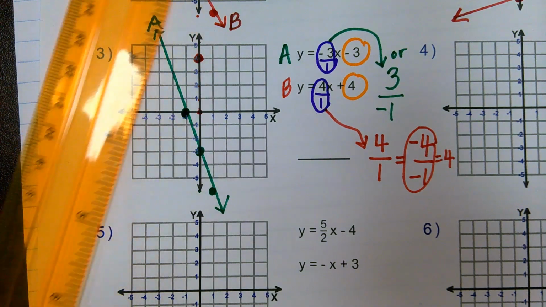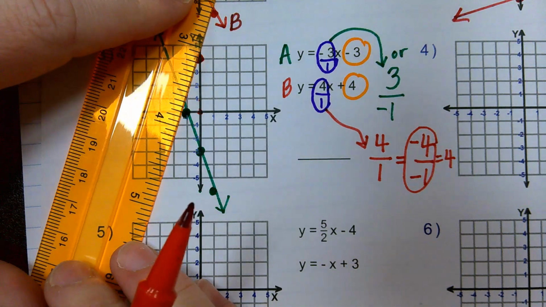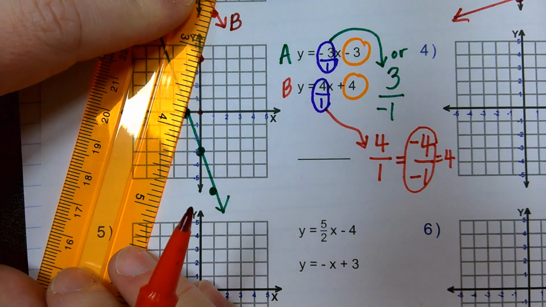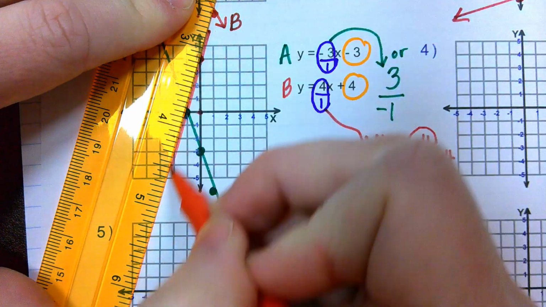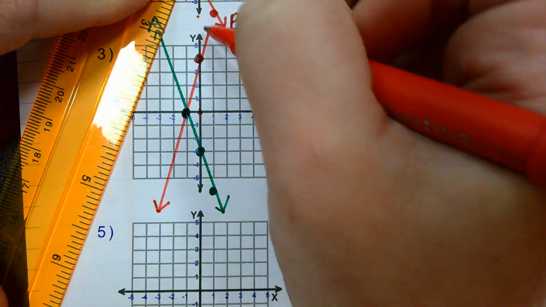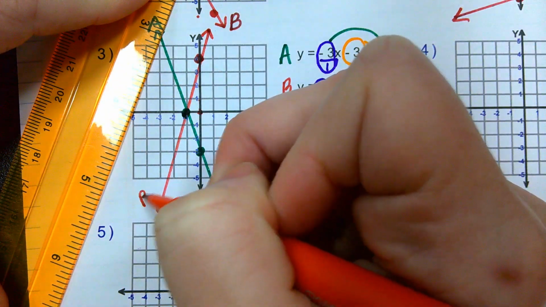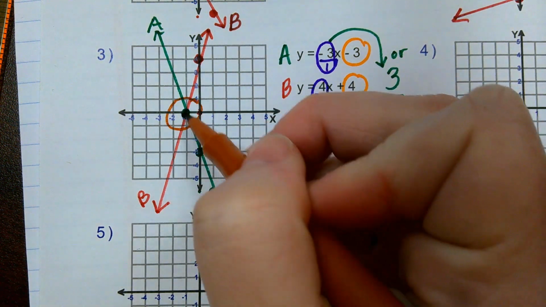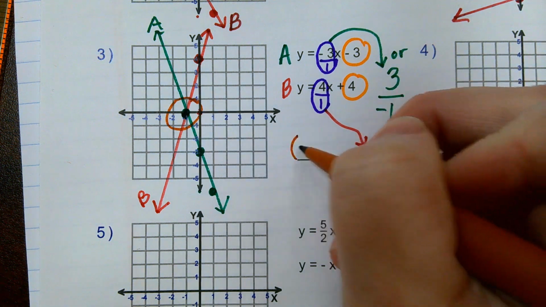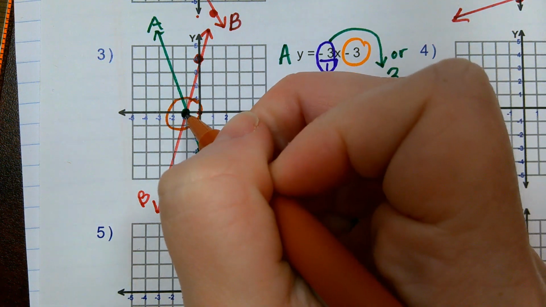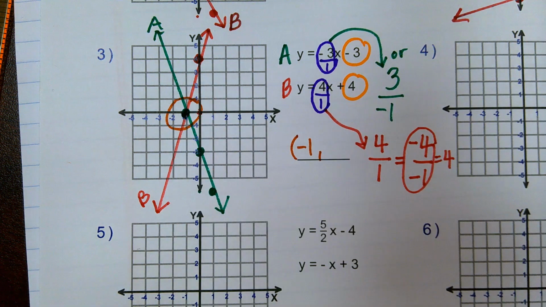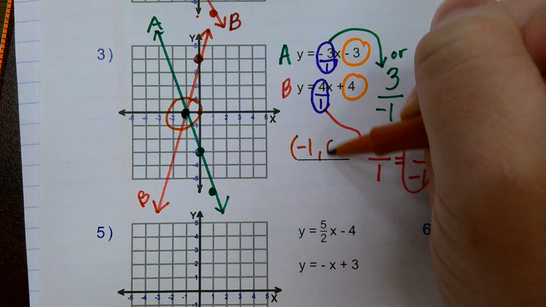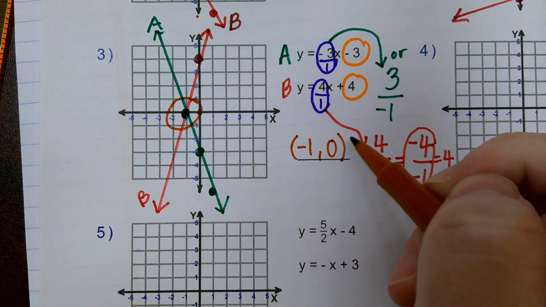So let's connect the dots and write in our solution. -1, 0. Good. So that's our solution right here with an x value of -1. And we didn't go off of the x-axis. We're not going up or down. So our y value is 0.